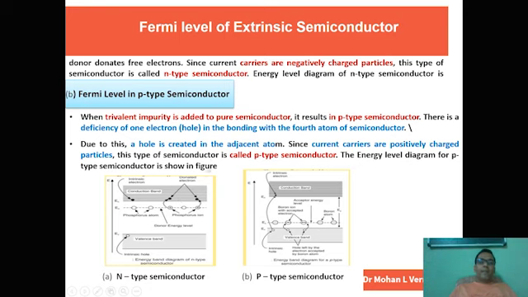As far as the position of the Fermi energy level is concerned, this is the band diagram for an N-type semiconductor, where the Fermi energy level is shifted towards the conduction band, because we have an excess number of electrons here. So the probability of existence of electrons is more towards the conduction band.